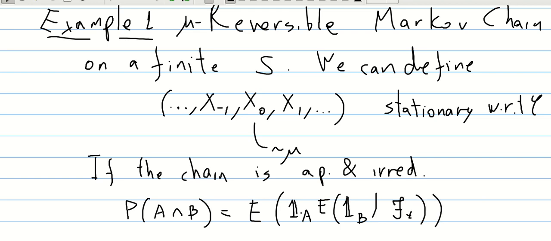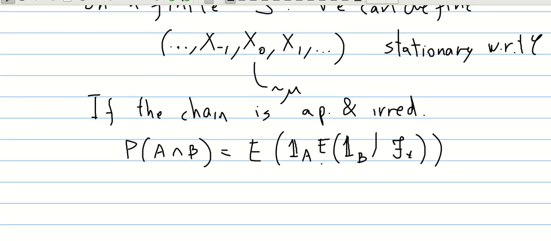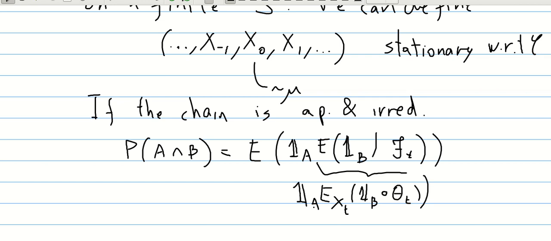So since the indicator function of A is measurable with respect to F_t, it goes out of the expectation. By the Markov property, this is the expected value of the indicator of B shifted by t at xt. So the only dependence we have between A and B is given through the last point xt.